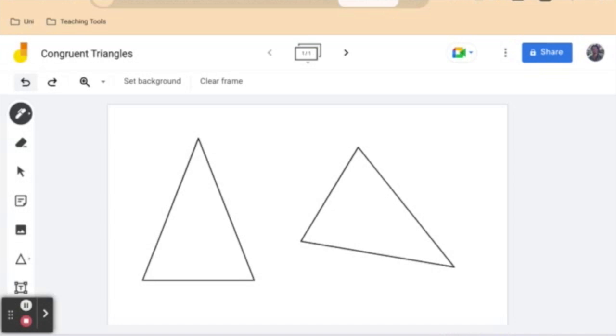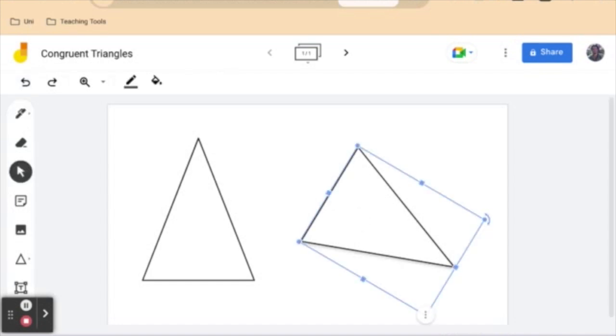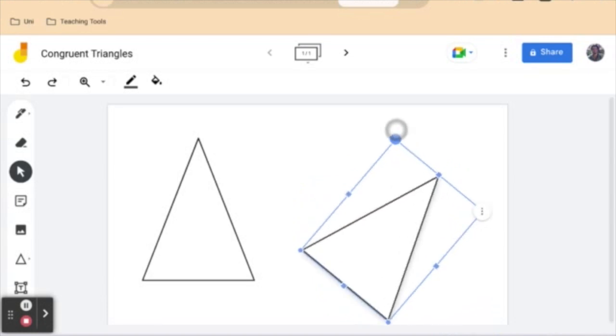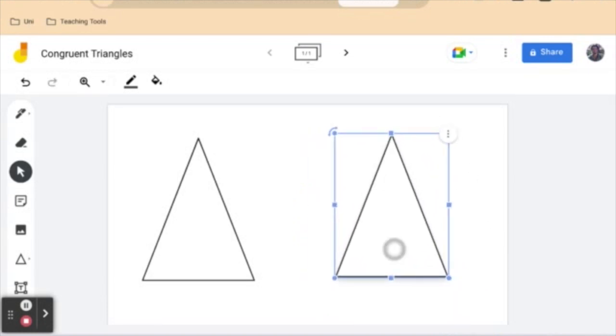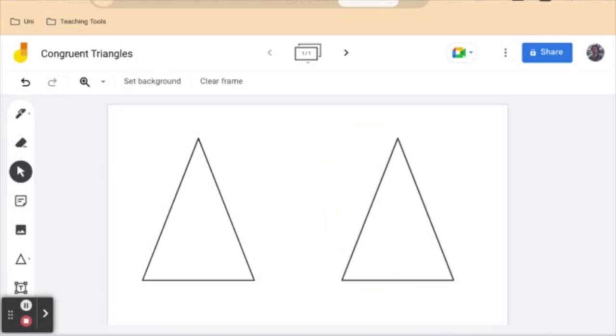So, okay, we can apply one of the transformations to one of the triangles. We can say, okay, this one on the right, what if I were to perform a rotation to get it to the same orientation as the first one?